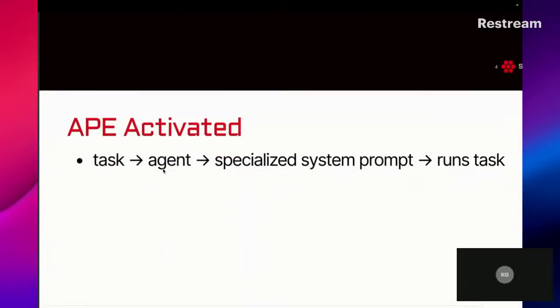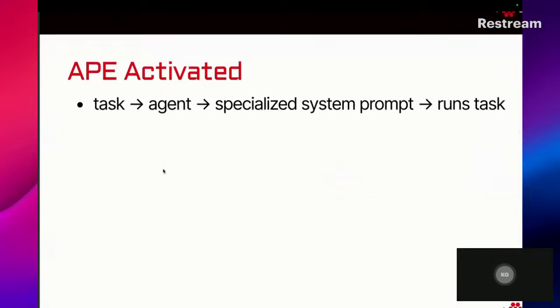The general flow is like I mentioned. You have a task, it goes to the agent, and the agent will then build its own system prompt, which is kind of like the extensive instructions that the agent has.